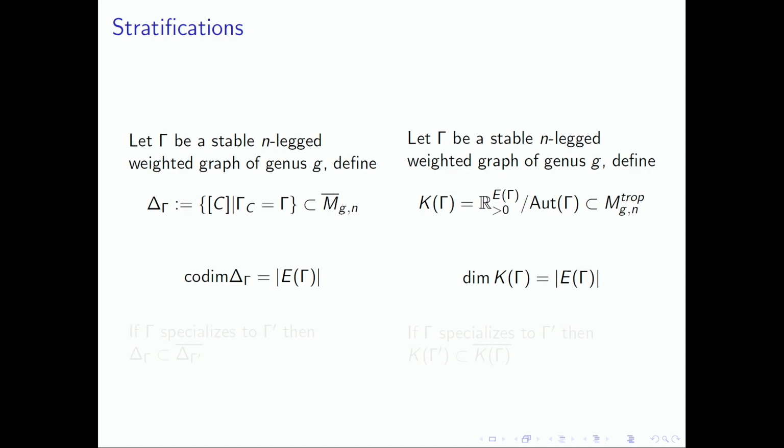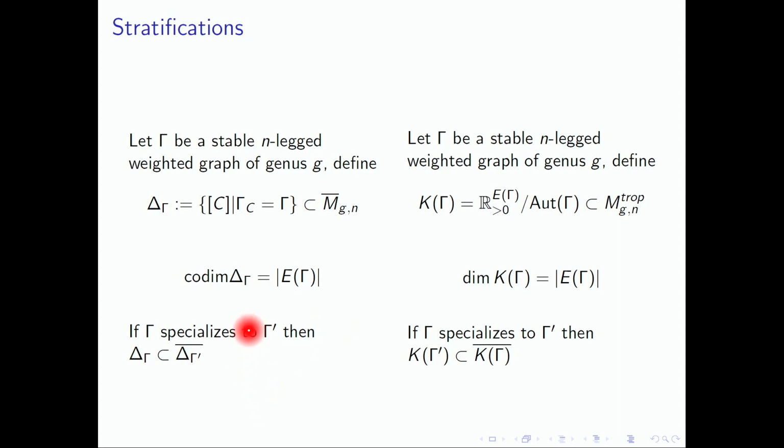But more than that, we have this very nice description of containments of strata. And the containment of strata is described by the specializations of graphs. So whenever I have a specialization of one graph to another graph, I have that the corresponding strata are contained one in the closure of the other. And on the tropical side, the same happens, only that we have to reverse the inclusion.